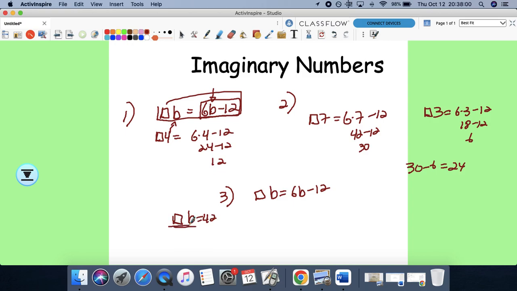So we take the 42 and not replace the b, but instead put it here, because they're telling us the answer already. So square b has a value of 42. What is 6b minus 12? Well, plus 12 plus 12, we get 54 equals 6b. Divide both sides by 6, and b equals 9. That would be letter B.